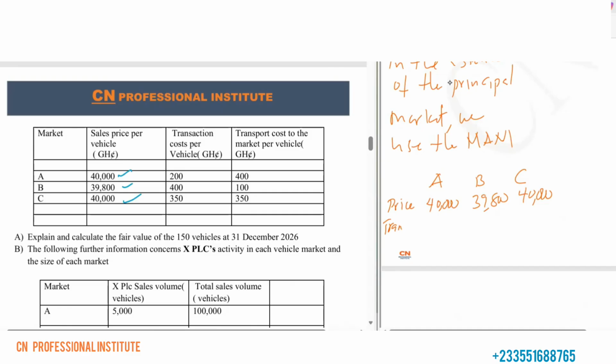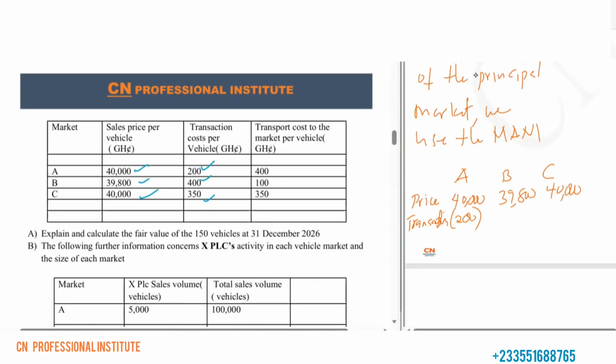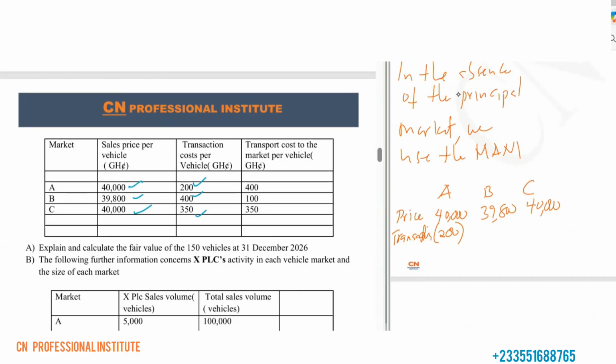Then we bring our transport cost or transaction cost, whichever you want to bring first. So the transaction cost, we have them here. A is 200. B is 400.